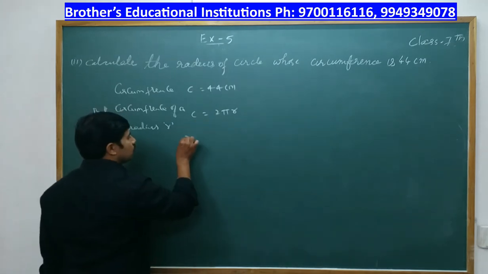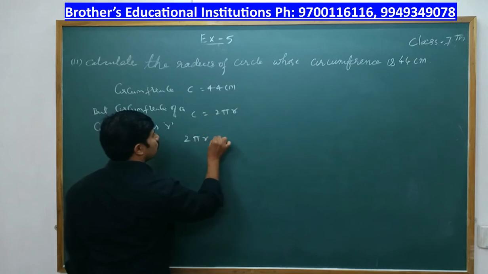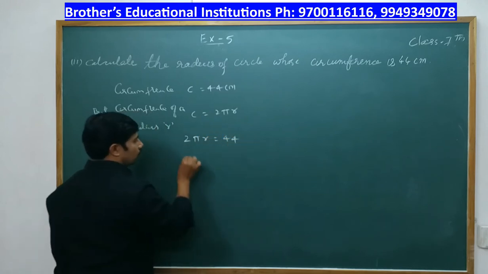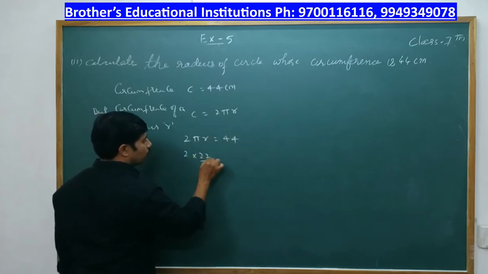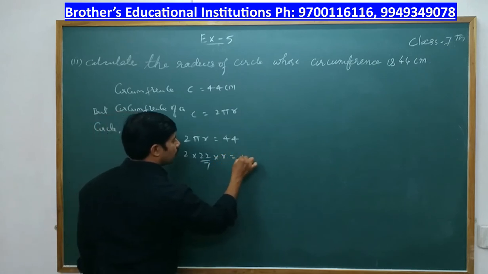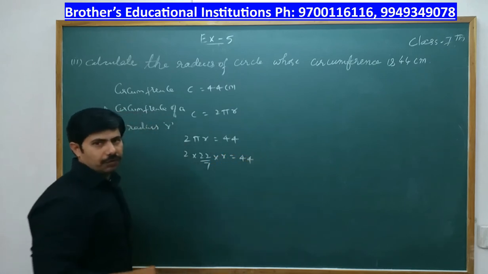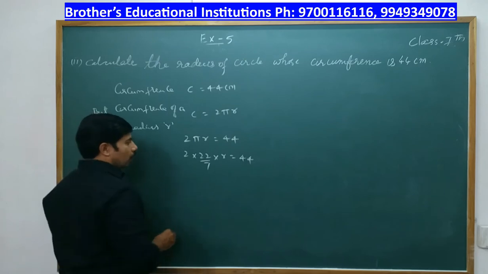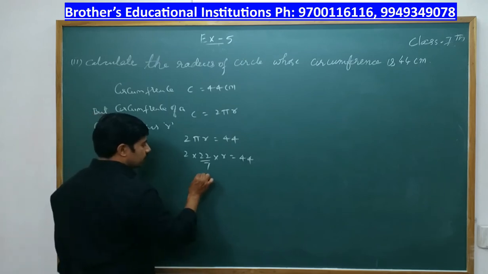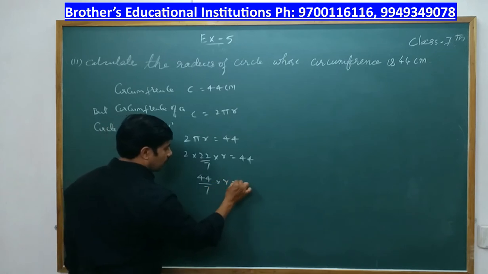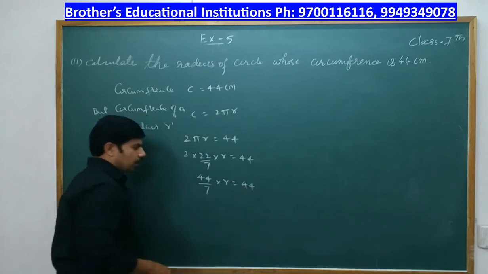So that is 2 pi r equal to 44. 2 into 22 by 7 into r is equal to 44, right? So in order to get the value of r, you can write 44 by 7 into r is equal to 44.